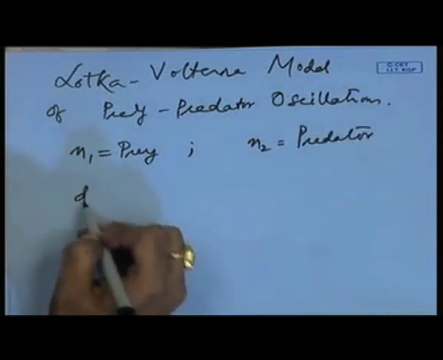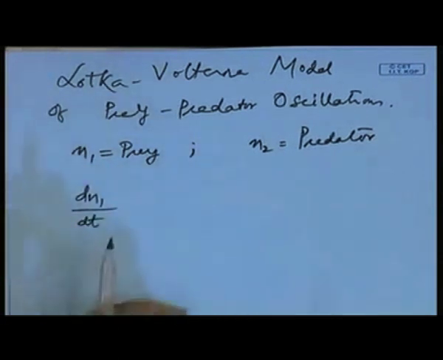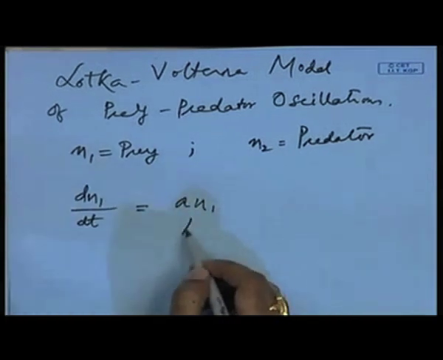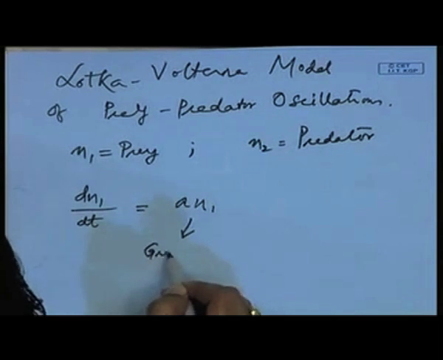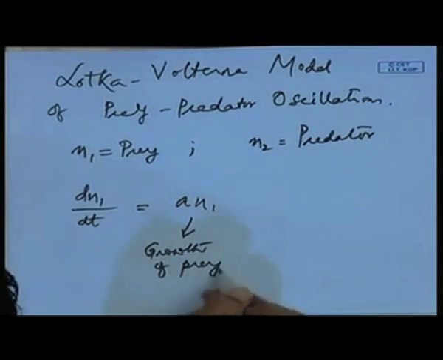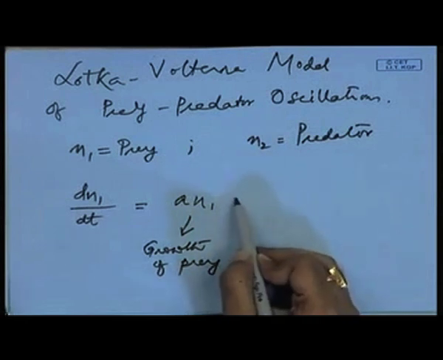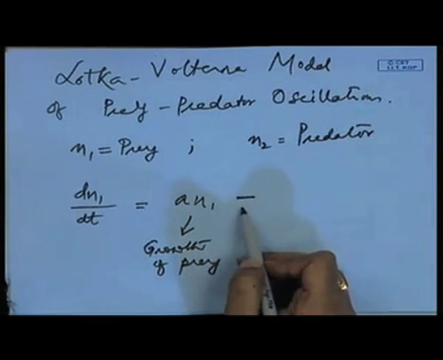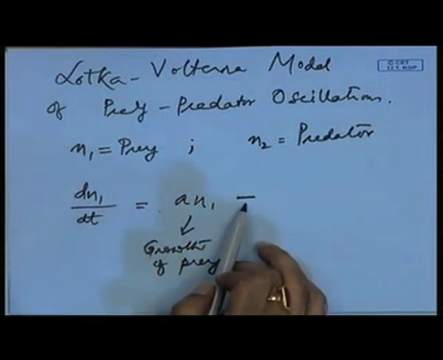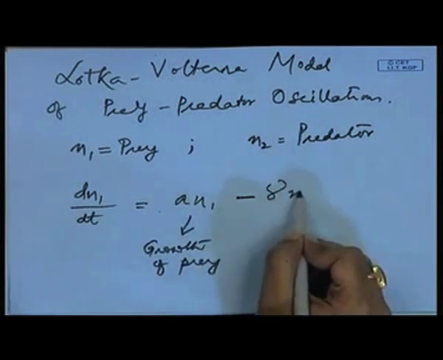So, if I am to write a balance for N1, a simple ordinary differential balance for N1, I would write dN1/dt equals A N1. This is the growth of prey from the substrate that is there, could be greens or whatever it is eating, but remember the prey growth is not dependent on the predator. Prey is growing by itself, and the only way for death of the prey, so that is where the negative sign, because this is the growth, so there is a positive sign, is a predator. This is a death, so therefore it comes with a negative sign, and that is given by gamma, some constant, times N1.